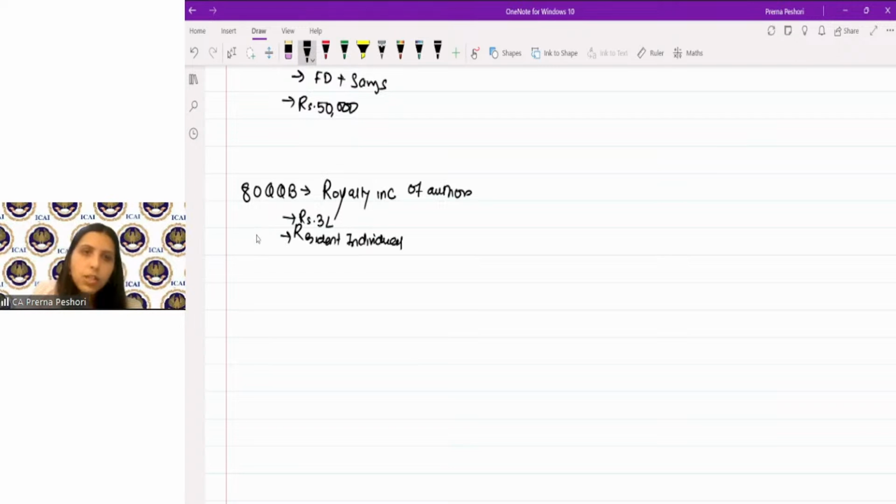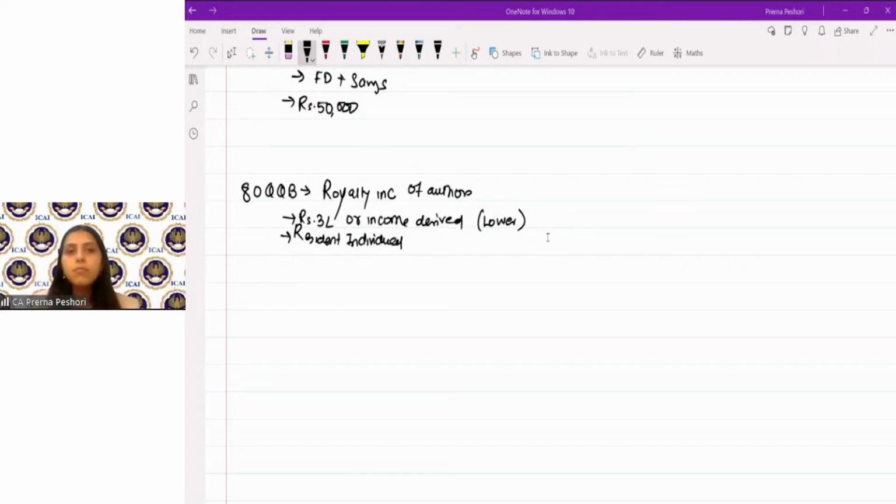This can come as a part of the international tax question, resident individual. Here the deduction is rupees 3 lakh or the income derived, whichever is less. The income is the consideration for the assignment or grant of any interest. The book should be a literary or artistic book. The deduction is on the royalty or copyright fee received before allowing any expenses, which shall not exceed 15% of the value of the book.